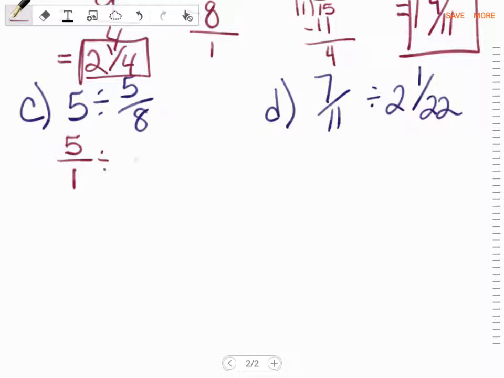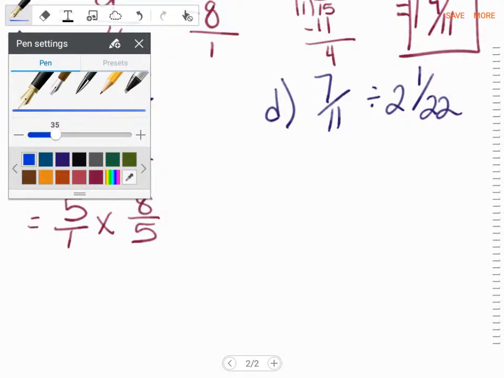I'm saying 5 over 1 divided by 5/8. Now from here, I'm just going to change it into a multiplication problem. So 5 over 1 is going to stay the same. I'm multiplying this first fraction by the reciprocal of the second fraction, so multiplying it by 8 over 5.